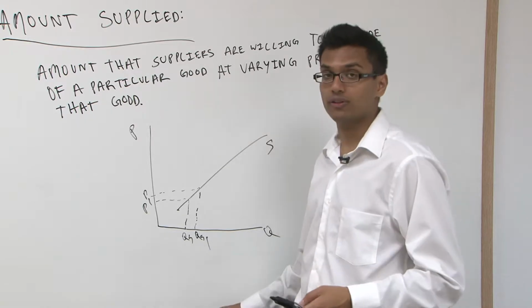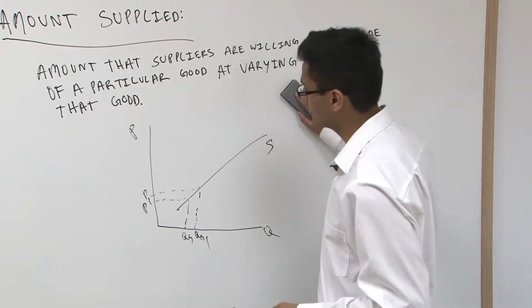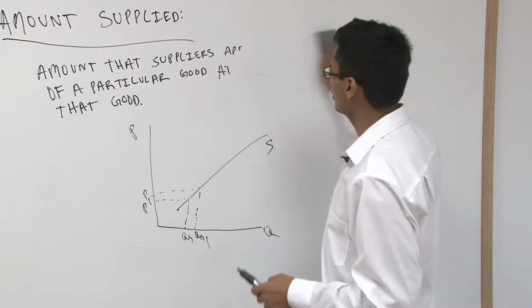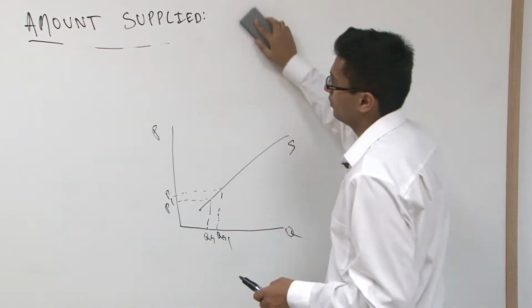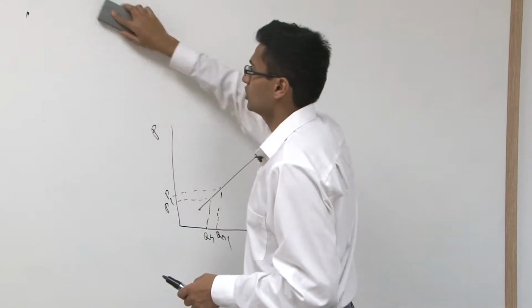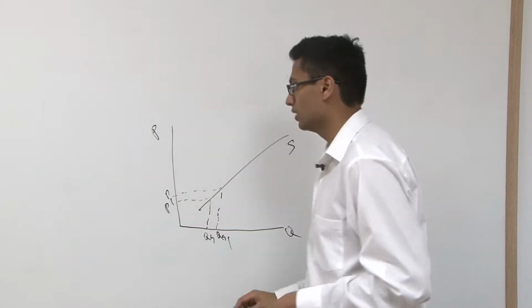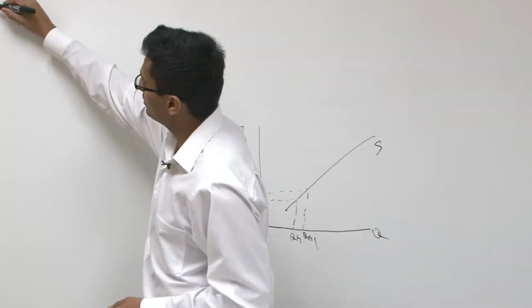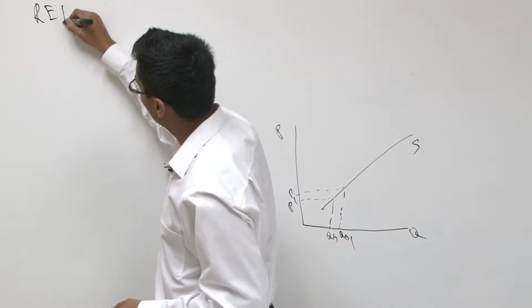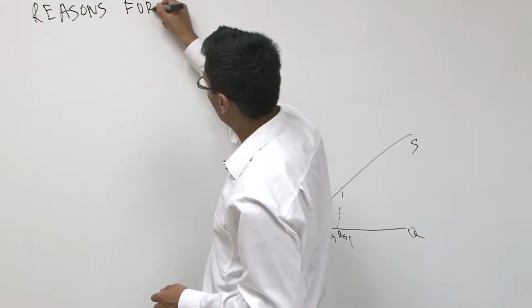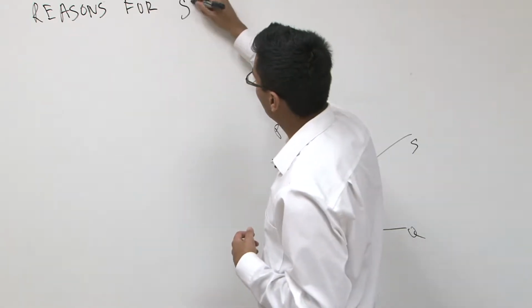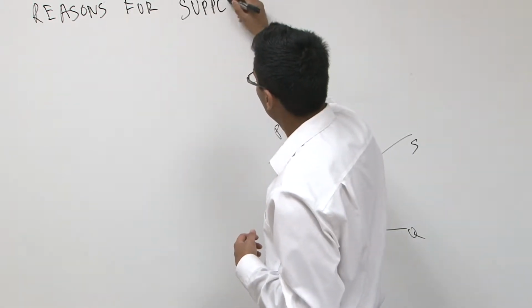And we're going to go over all of them and why this causes a particular shift in all of these areas. So let's go over the reasons that a supply would shift. So, reasons for supply shifts.